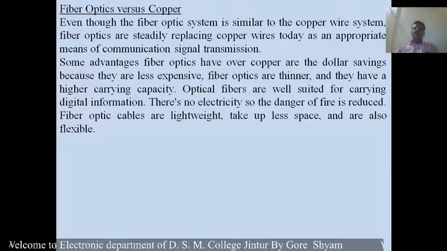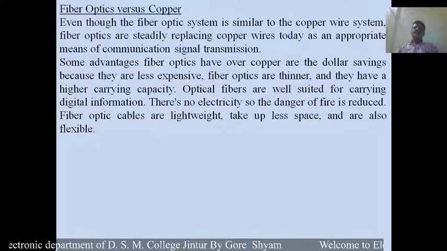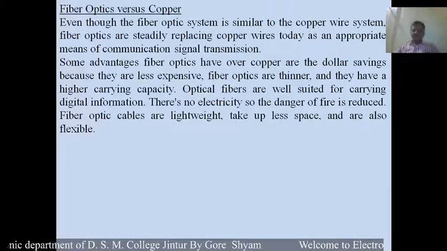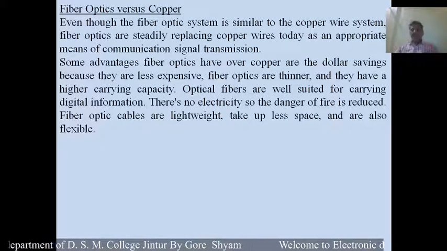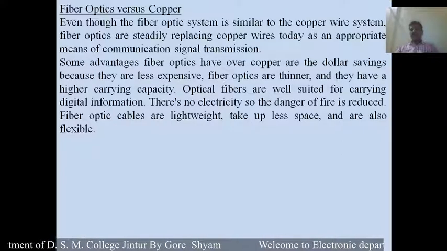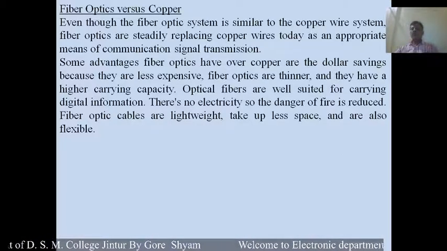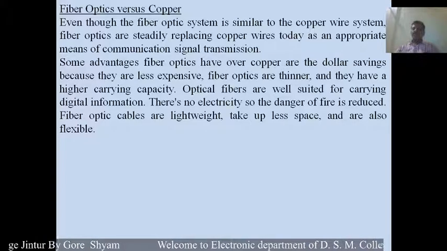A very important advantage is that it is less expensive, and its price is very low when we compare it with copper wire. The optical fiber is very thin, and it can have a much higher carrying capacity.